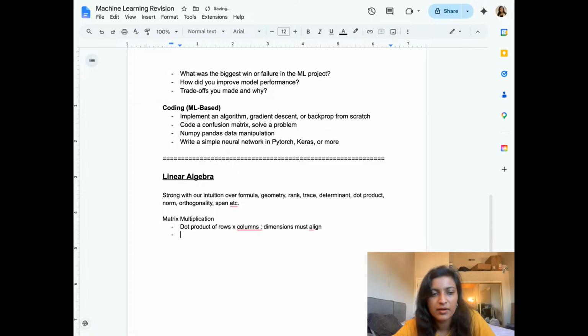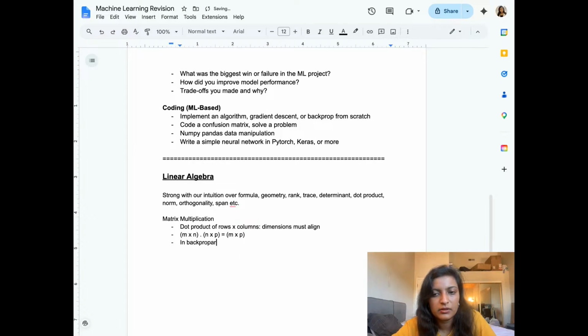By dimensions, I mean m cross n dot n cross p equal to m cross p.